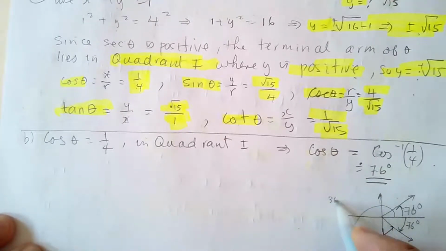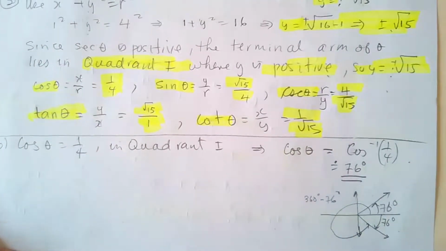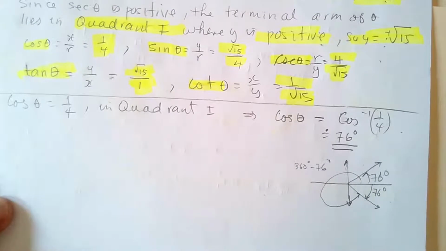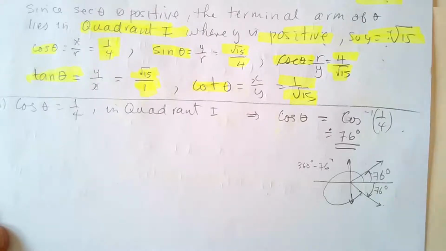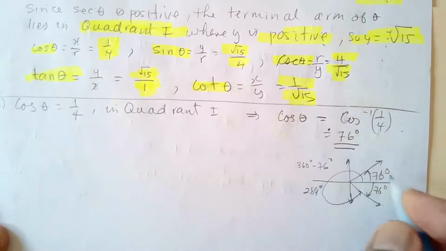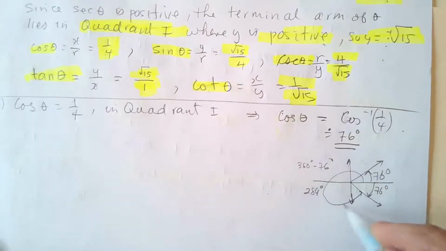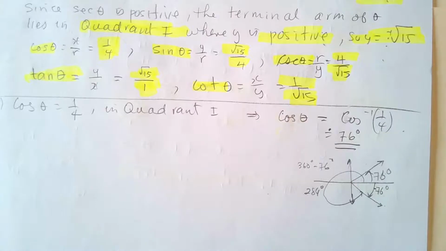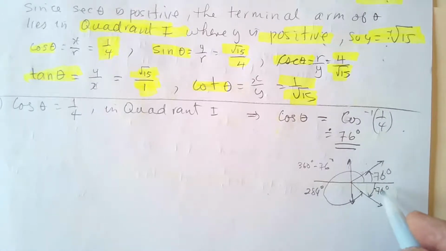This would be 360 minus 76, which is 284. So we have 76 degrees, 284 degrees, going in the positive. Now, if you go to negative, it will be negative 76 degrees. So we have positive 76 degrees, positive 284, and negative 76.